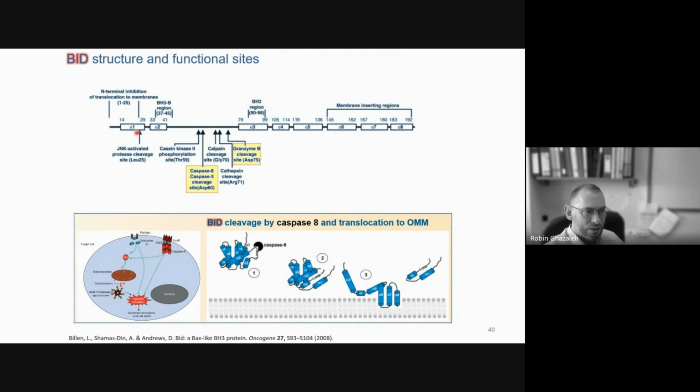So alpha 1, alpha 2 is lost. Okay, so how does BID begin the work of doing something to the mitochondria? First, its translocation to the mitochondria following this enzymatic cleavage, either by granzymes or the caspase 8 associated with the death receptor.